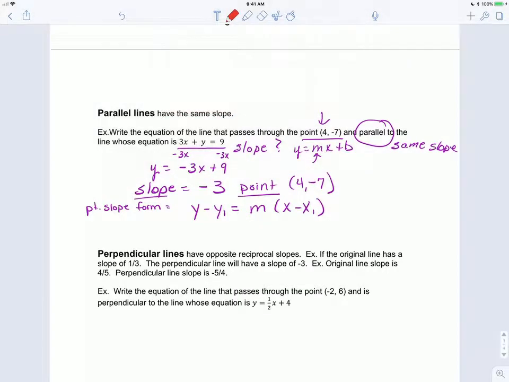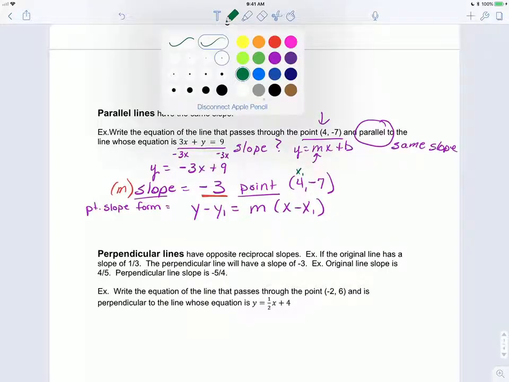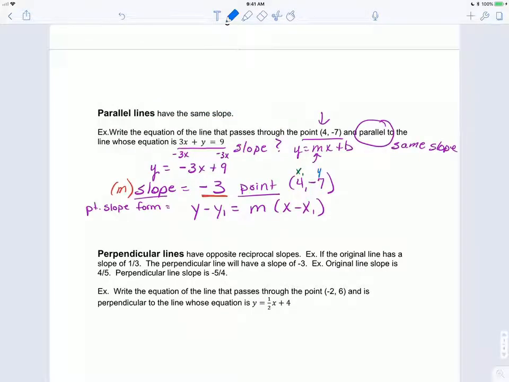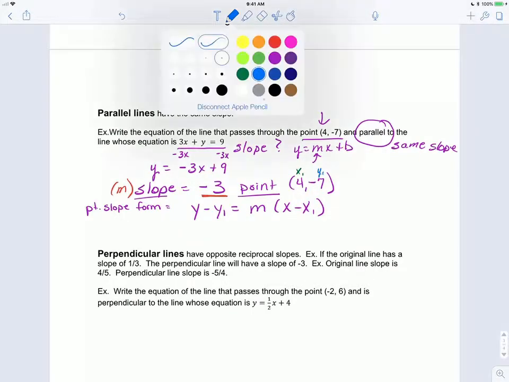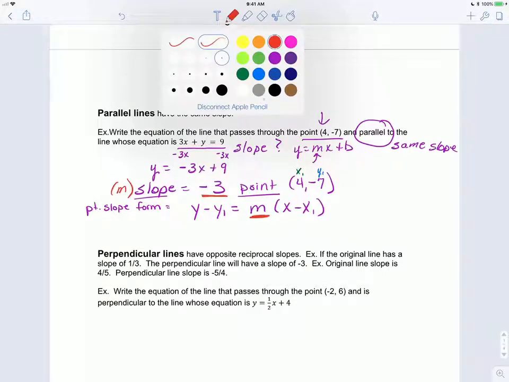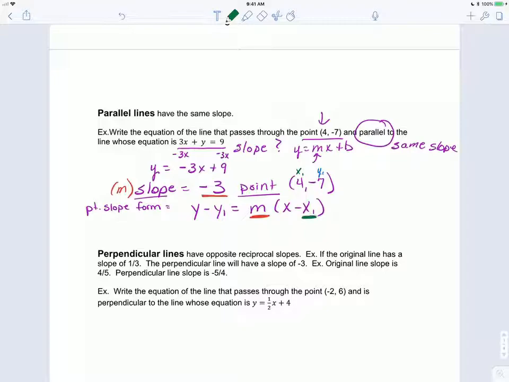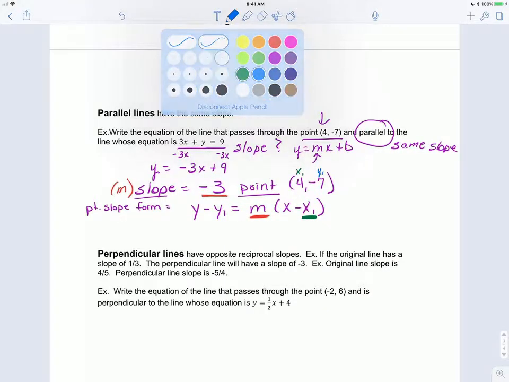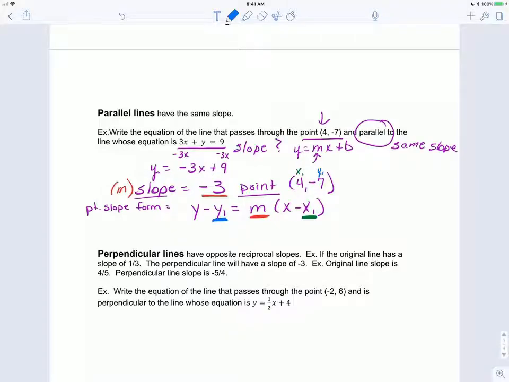Okay, so remember again, the slope, -3, is often referred to as the m, and then our point on the line, remember, first term is always x, second term is always y. So we're going to put the slope in for the m. We'll put our x1, our 4, in for this term here at the end, and then the y1 term right there.